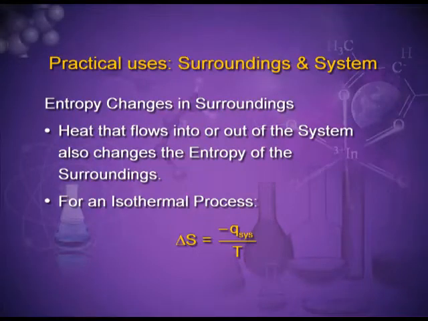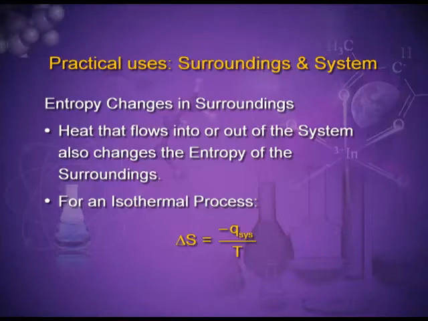If a system loses heat, then the surroundings gain the heat and the entropy of the surroundings increases. Delta S surroundings is equal to minus Q system upon T.